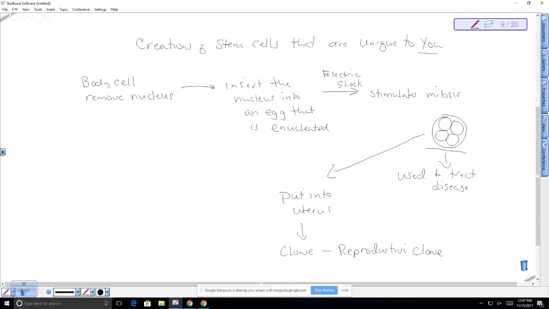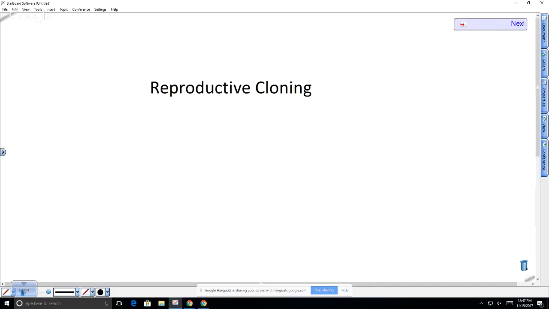So does anybody know what was the first organism and what was their name that was successfully cloned reproductively? Dolly the sheep. Does anybody know why she was called Dolly?